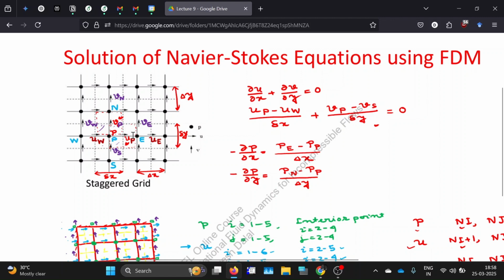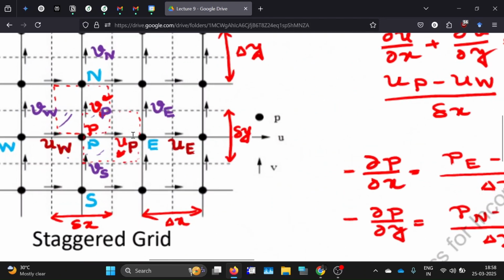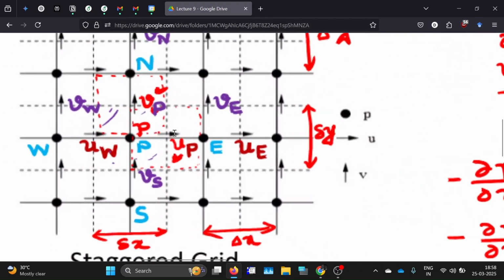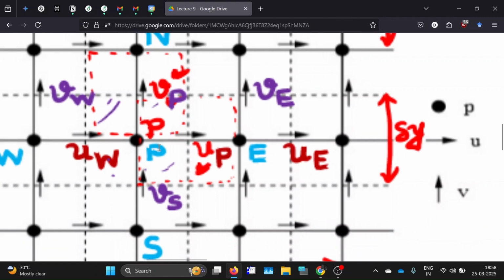So basically our cell is UP only. If I zoom in, this is our cell where I'm calculating UP, and I need the pressure on the right hand side and on the left hand side, and I take the difference between these two. So it's more physical. You can understand that in this cell, what is the pressure here, what is the pressure here, and that difference is going to drive the flow.